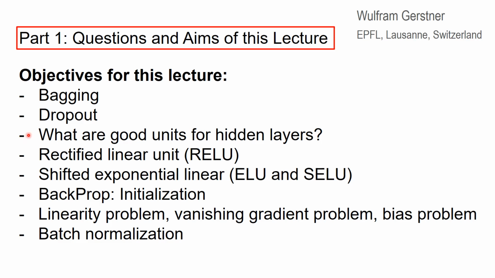And in that context, we need to look again at the backpropagation algorithm and see how different units work, in particular the rectified linear unit or the shifted exponential linear unit or similar forms of transfer functions for hidden layers. And then we come to the problem of initialization of the weights in backprop. So overall, we'll talk about vanishing gradient problems, the bias problem, the linearity problem, and about batch normalization to address some of these problems.